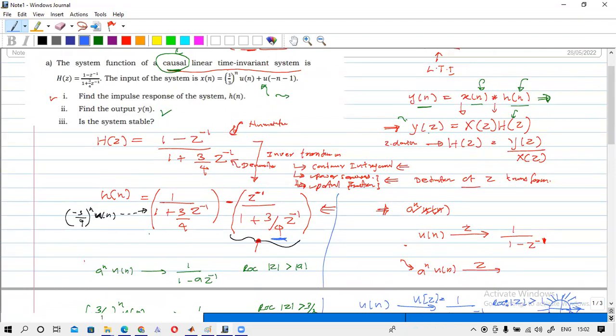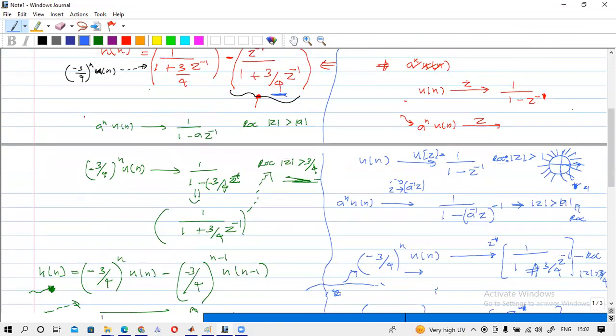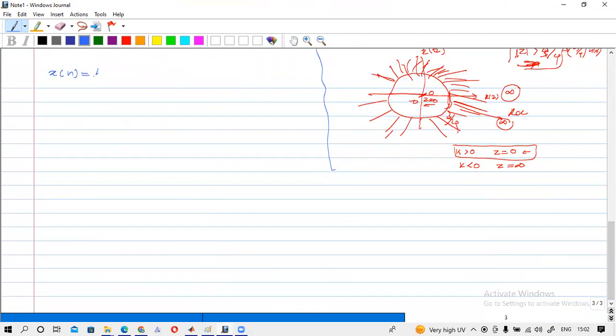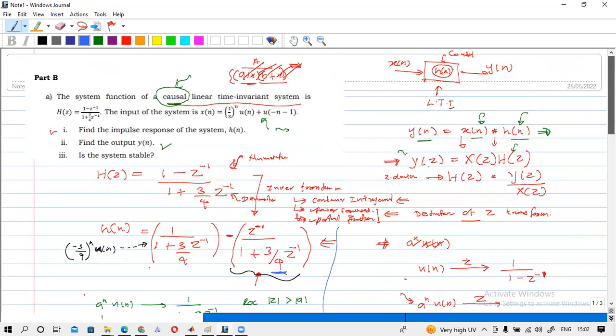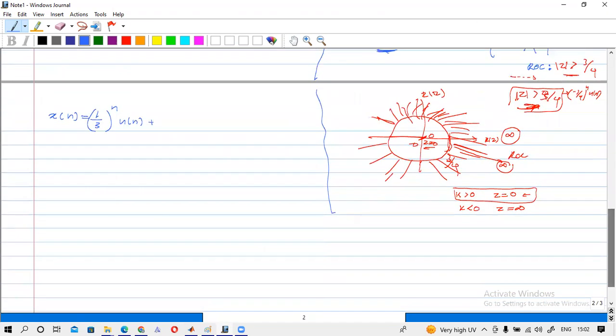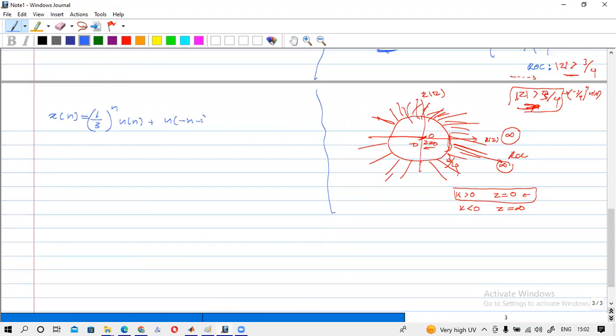So this will be xn equals (1/3)^n u[n] plus u[-n-1]. So this will be our time sequence.